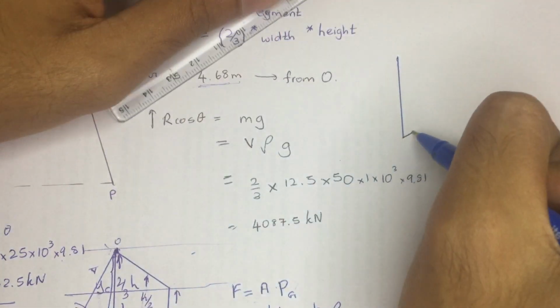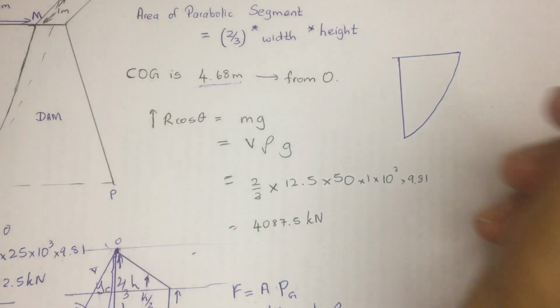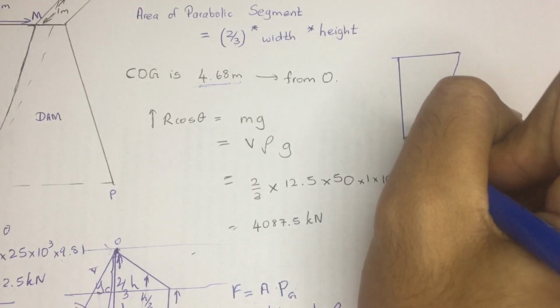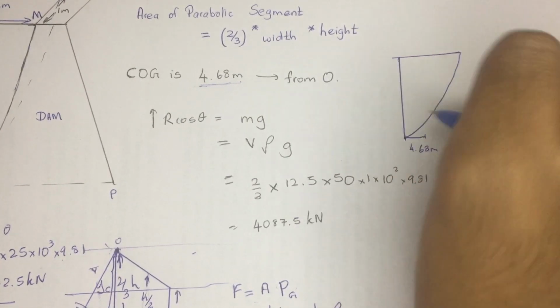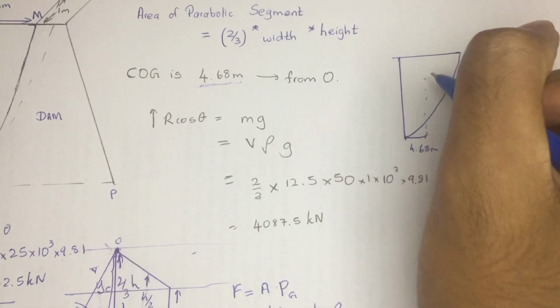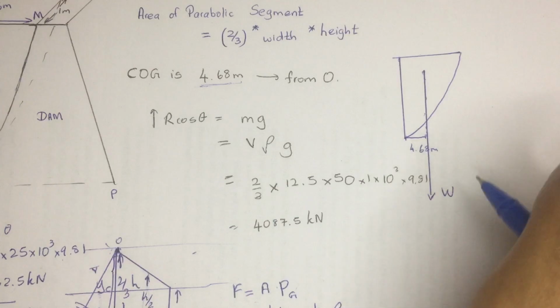If you consider this part, the center of gravity is going to lie at this 4.68 meter, which means it's going to be in this direction. So let's mark it like this. It's going to be on this side. This is going to be the weight.